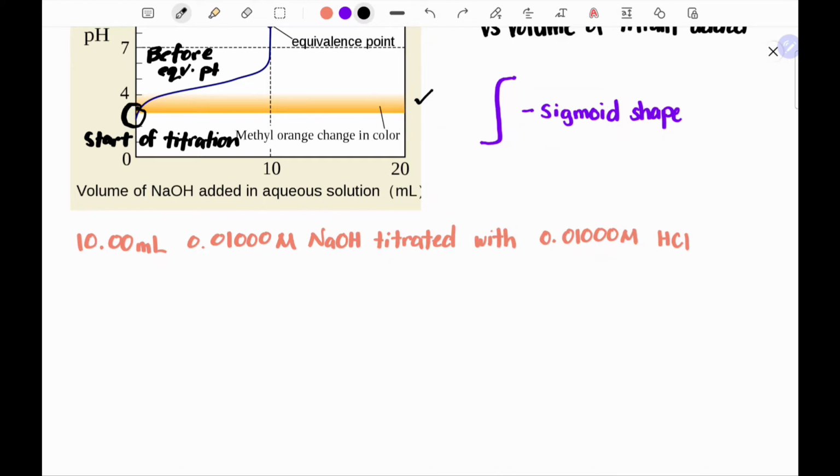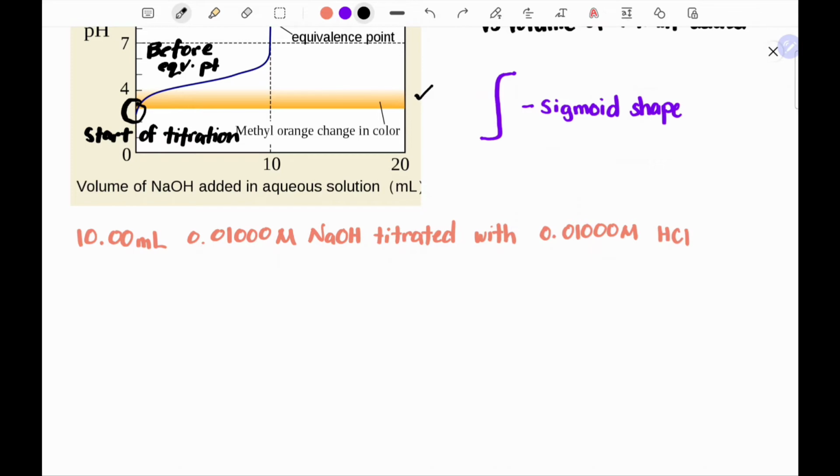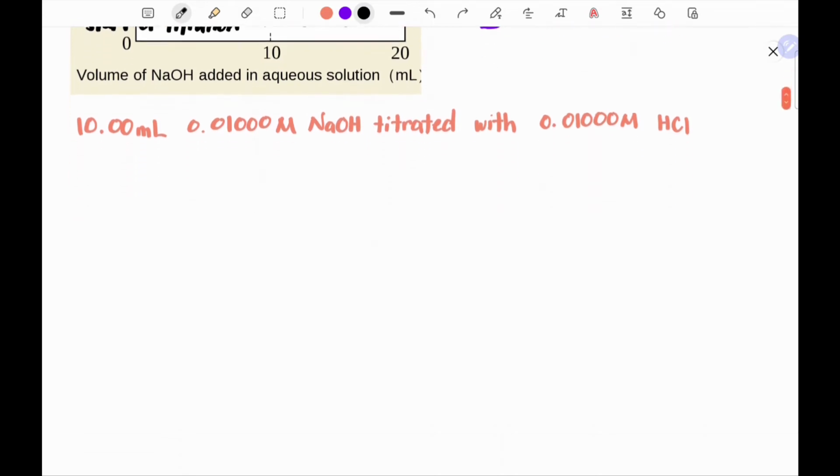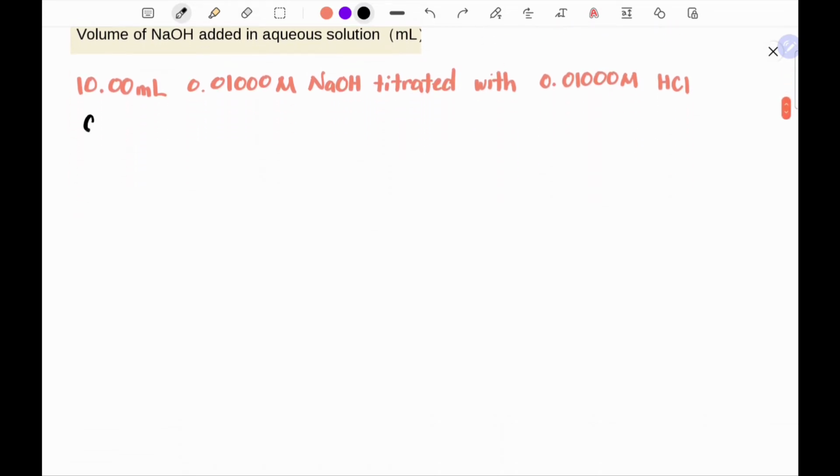Our titrant here is hydrochloric acid. Because the solution contains nothing but sodium hydroxide at the start of the reaction, the pH at the start should be above 7, again, because it is basic. So let's calculate the pH in that region. The first region, start of titration.